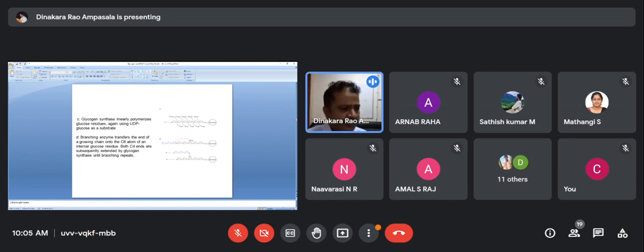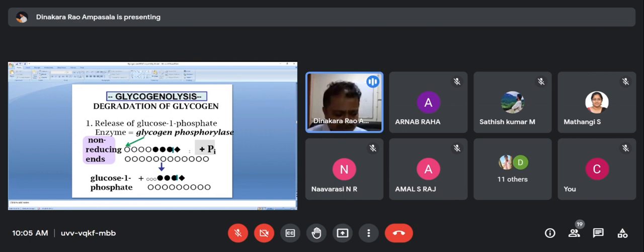Now once glycogen is synthesized, the main sites of glycogen are the liver and skeletal muscle. Once glucose levels go down inside the system, the immediate source of glucose molecules is glycogen inside the cell, so glycogen degradation immediately gets activated.